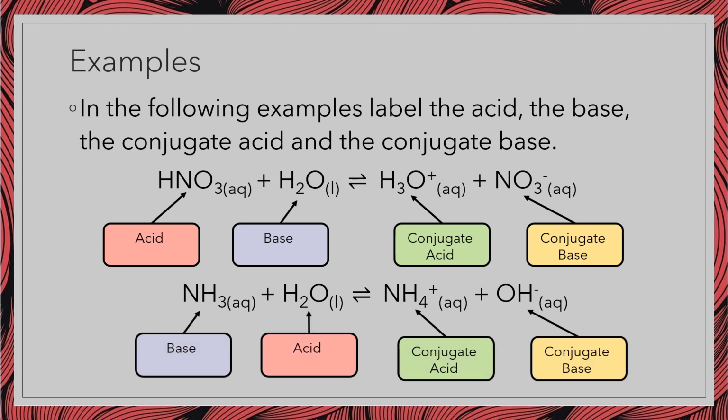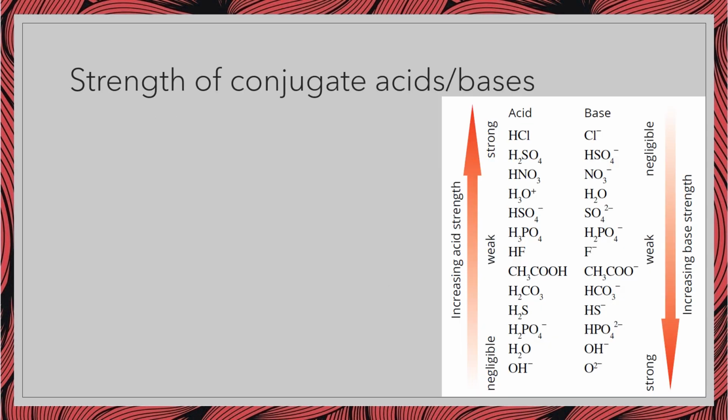Ammonia, after it has acted as a base, becomes ammonium, and in the reverse reaction, ammonium can donate its extra proton and go back to being ammonia. So it is a conjugate acid. And in the reverse reaction, we have OH- that can act as a base, accepting a proton, becoming water again. So it's a conjugate base.